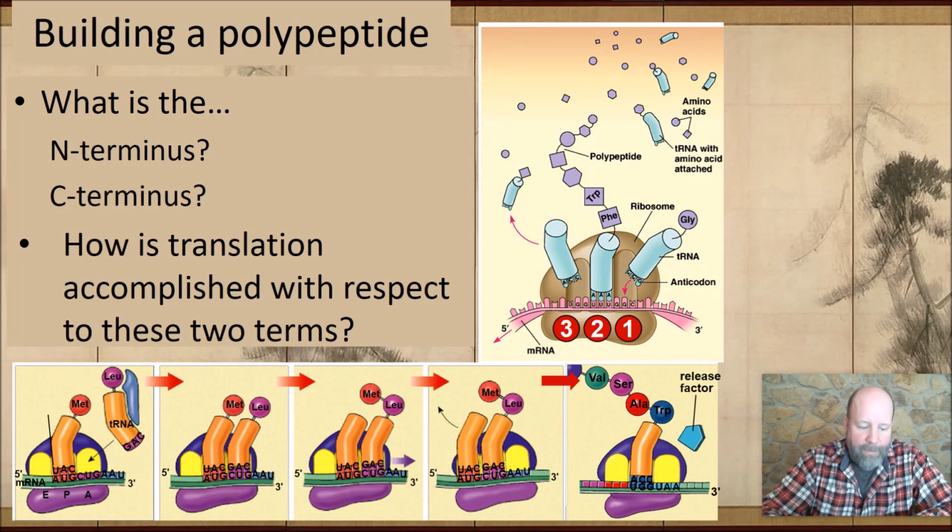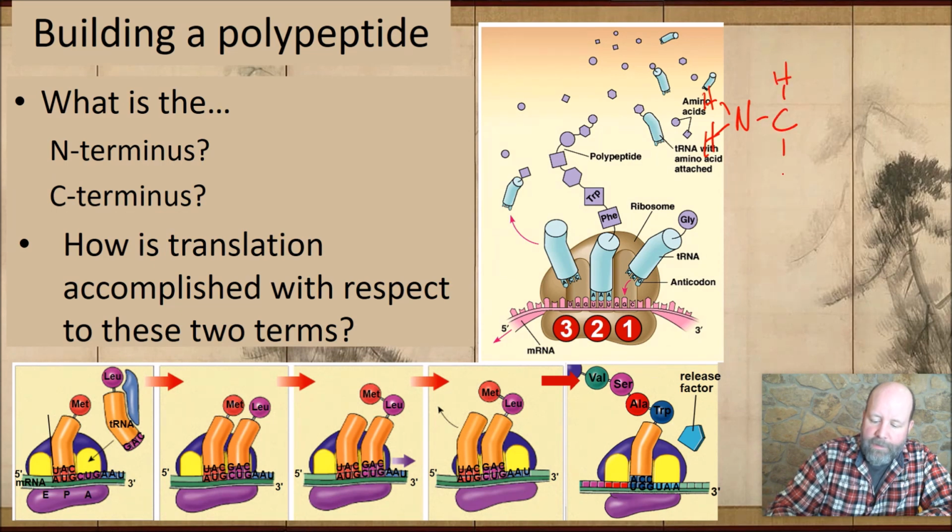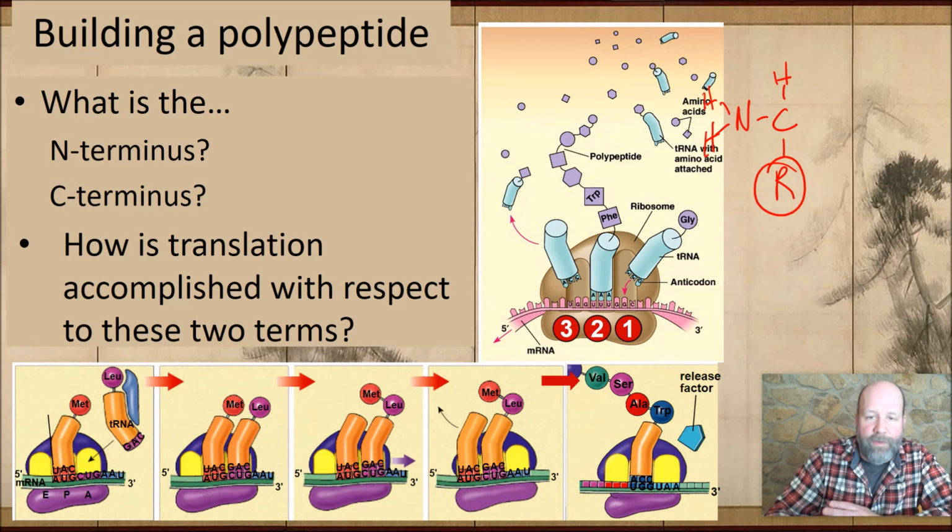So when we build a polypeptide, there's a couple of terms you need to know: N-terminus and C-terminus. And really, this is just about the assembly of that polypeptide. The amino acids, remember, amine is like this. We've got an R group here, and there's 20 different ones in nature, and that's what makes methionine, glutamate, whatever. And then we've got a carboxylic acid group here.